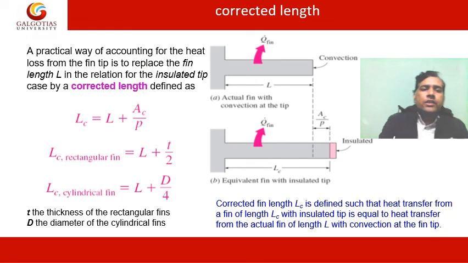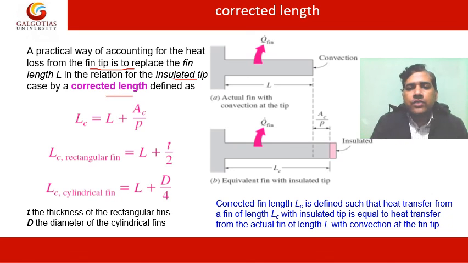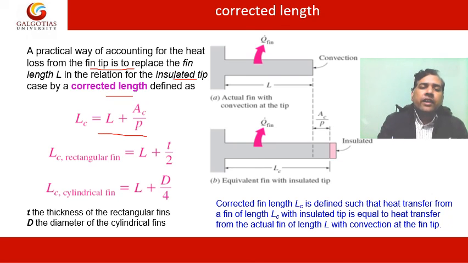Sometimes what happens is that the heat loss from the fin tip is accounted for by replacing the fin length L, in relation to the insulated tip case, by a corrected length. If there is an insulated fin tip, we utilize this concept of corrected length, where Lc is called the corrected length, and that is equal to L plus Ac upon P. So for the rectangular fin, the corrected length will be L plus t by 2, and for the cylindrical fin, L plus D by 4.